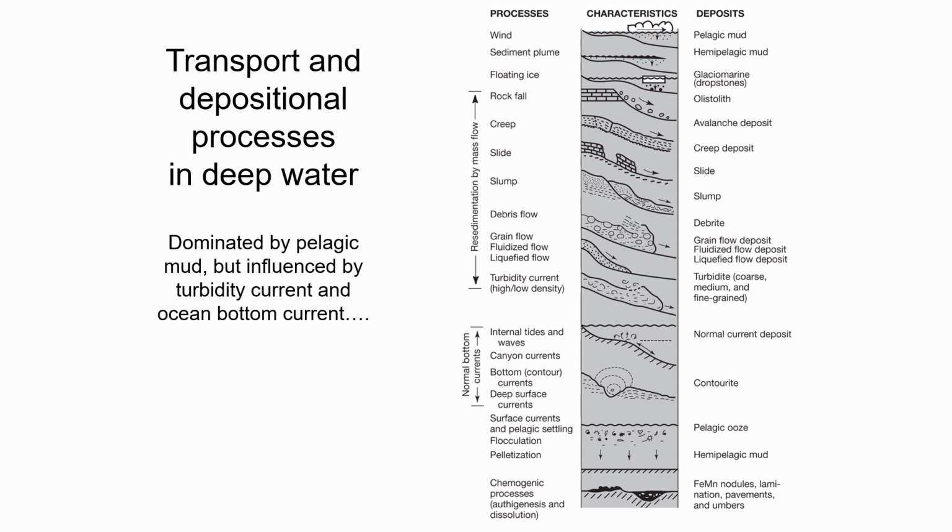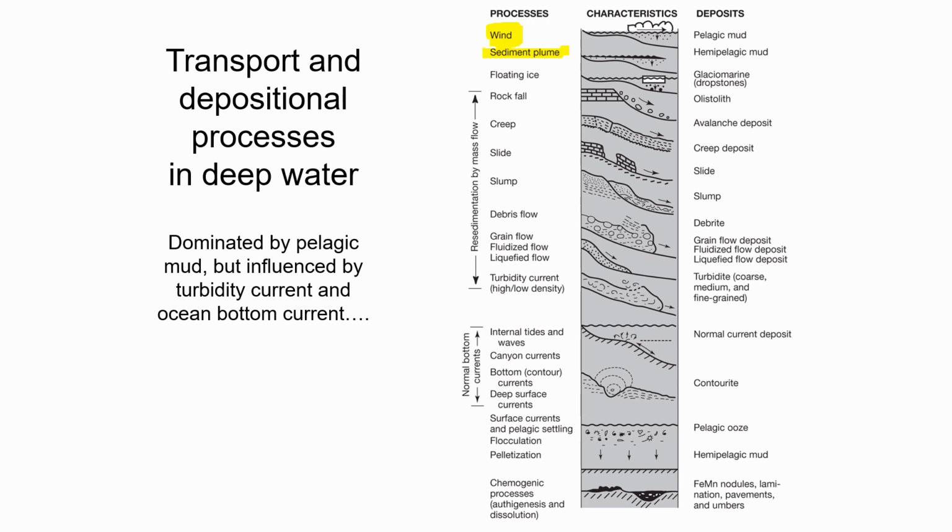In this figure, it shows the sediment transportation process in the deep marine environment. It shows that there is a wind Aeolian deposition component towards the continental slope, continental rise, and the deep oceanic floor, as well as a sediment plume that contributes to the deeper marine environment.